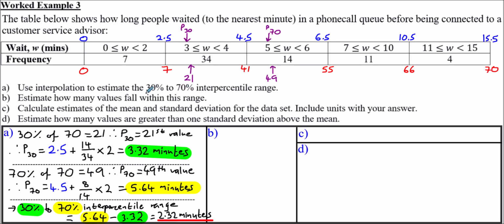So from 30% to 70%, what range is that? What we can do here is 70% subtract 30%, and we get 40%. So the 30th percent to 70% interpercentile range is going to include 40% of all values.